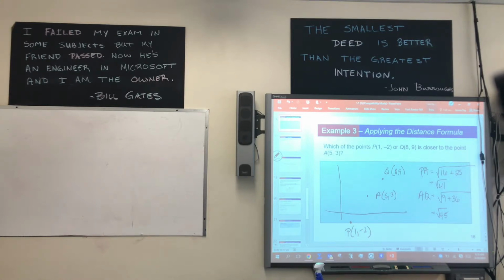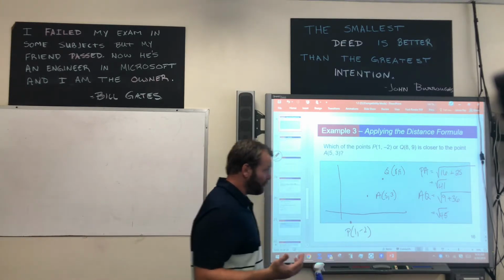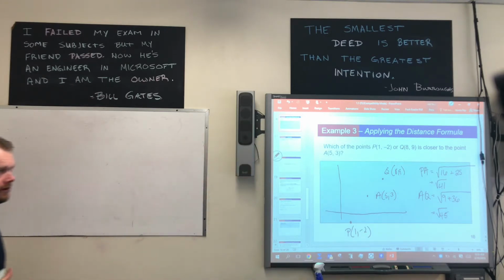Square that, you get 9. 9 minus 3 gives you 6. Square that, you get 36. Sum those together, you get 45. Root 45. So, which point is closer to A?